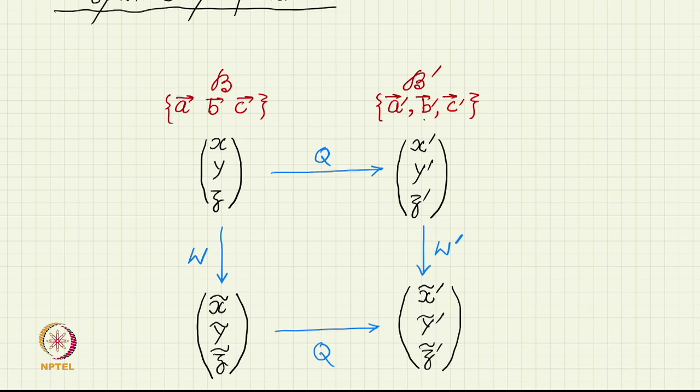So, if this picture is clear to you, then the derivation is just straightforward, that how is W prime related to W. All you have to do is to take two different paths going from x y z to x tilde prime, y tilde prime, z tilde prime, diagonally opposite.